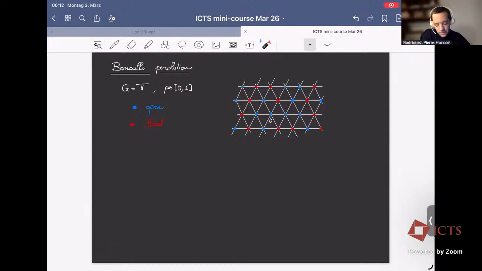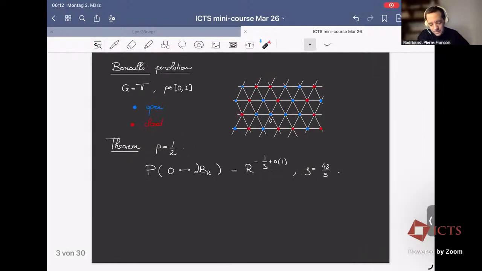Okay, and famously in percolation, you ask about whether or not you have an infinite component of, say, open vertices. I've chosen this triangular lattice setup because this is actually the setup in which we can say most things in low dimension. So one theorem is this. If you take this model and you choose the density p equals a half, then the probability that 0 will be connected to distance r is decaying polynomially.